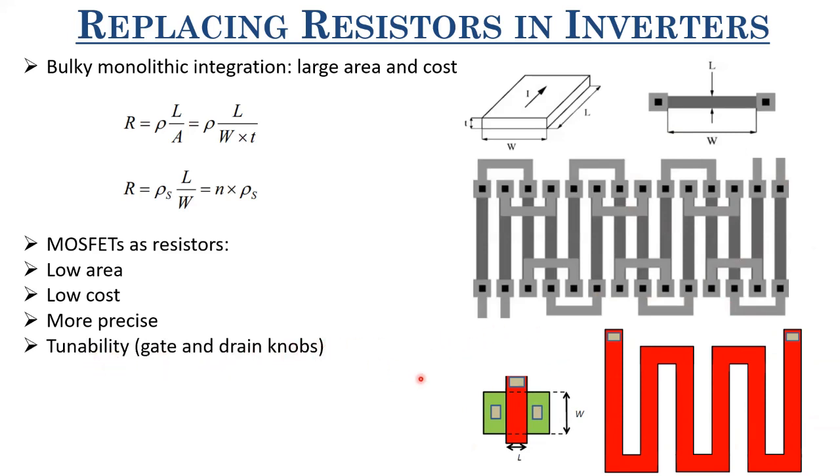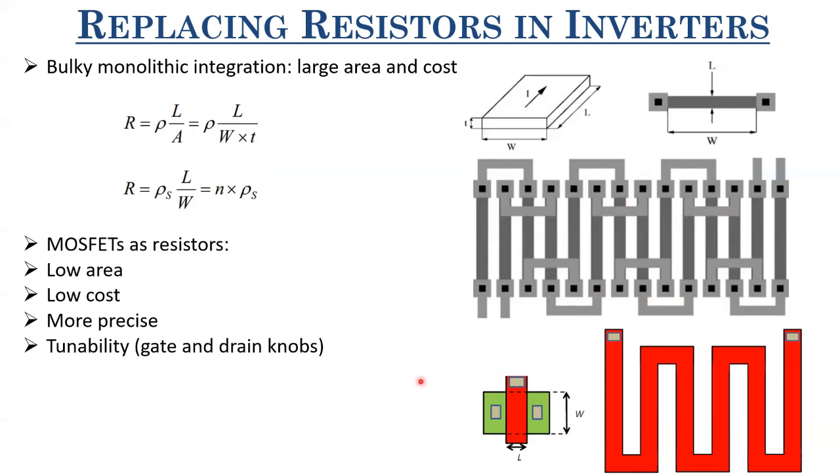Another advantage, which I would say is the bigger advantage of MOSFETs, is that we have two knobs, two controls. The current here depends upon gate and drain voltage. So by tuning the gate voltage or the drain voltage, you can tune the effective resistance between the source and drain terminals of a MOSFET.